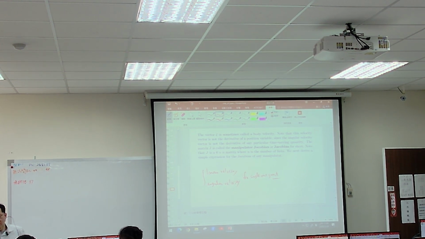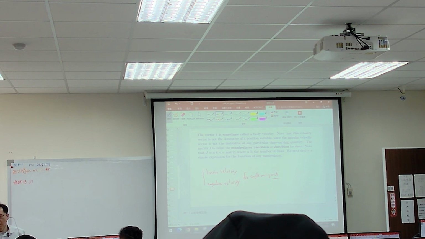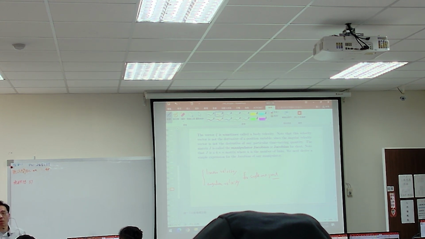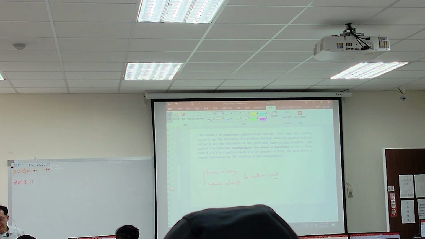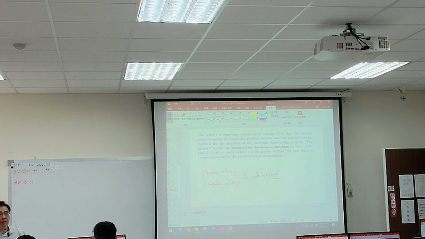Over here, they just mentioned, okay, I forgot the name of the Greek characters. It's sometimes called a body velocity, or the whole body. The body means the whole mechanical system, the robot system, okay? And the velocity is not derived from the position variable, because some of it is from the joint velocity and some of it is related to our location in the arm.